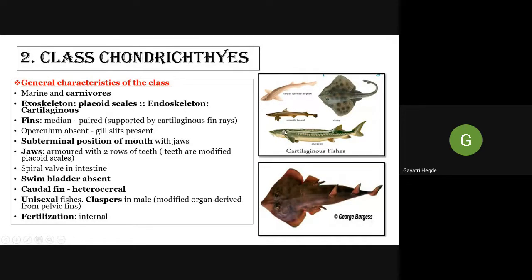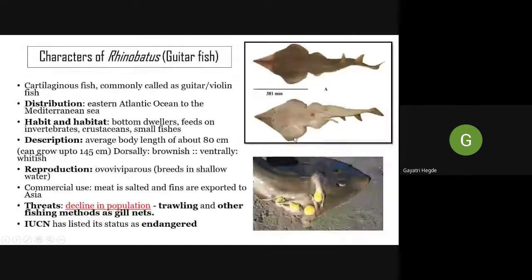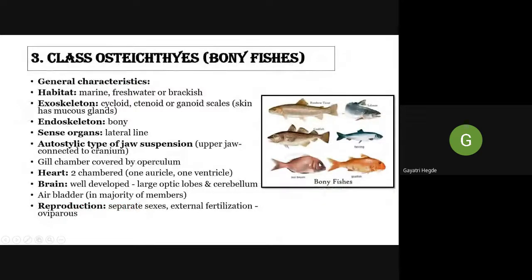For respiration there were gills, but the gills had no operculum covering, whereas here gill slits and gill chambers are present and they are also covered with operculum. The heart is two chambered. This part will be the same for other fishes also. Two chambered hearts are found in Pisces. One chamber is the auricle and one chamber is the ventricle.